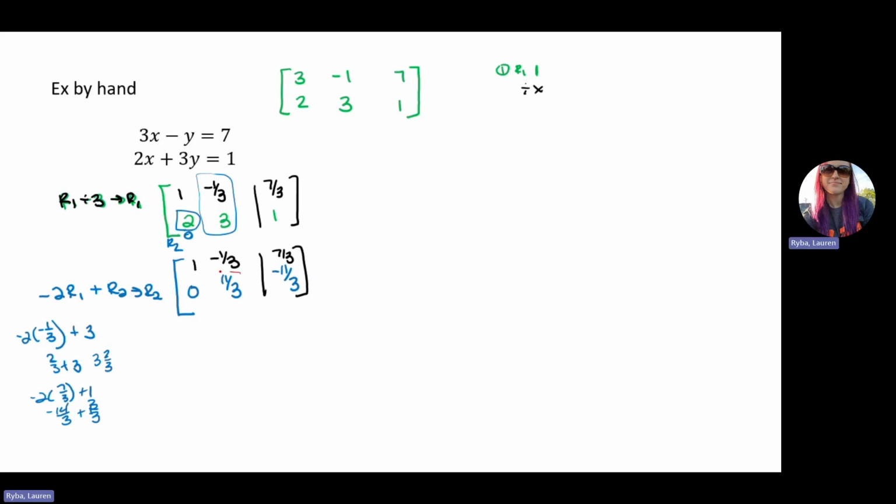Okay, so next one is to turn this guy down here into a 1. I'm going to multiply or divide. What am I doing to turn 11 thirds into a 1?